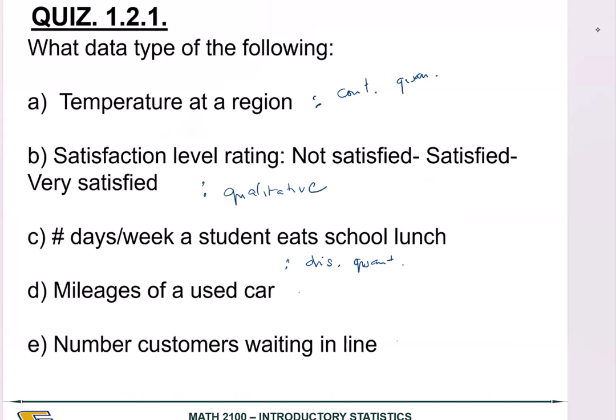Mileage of a used car, right? In a used car, you have a mileage. You see it has numbers that represent counts, which is quantitative. Discrete or continuous? If you just look at the odometer, you may not see the decimal.